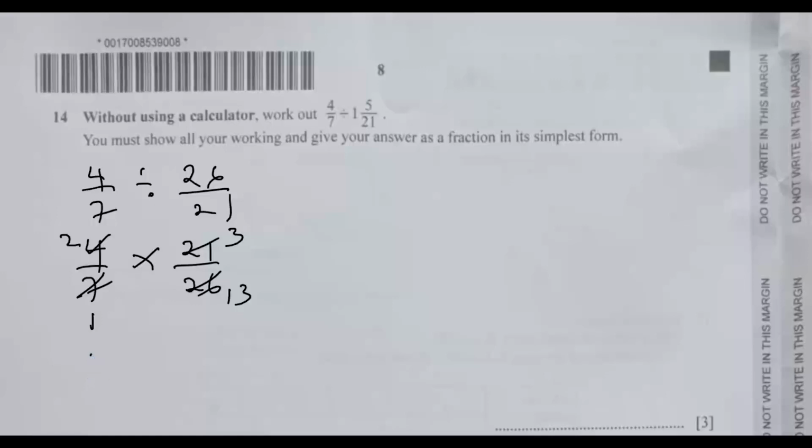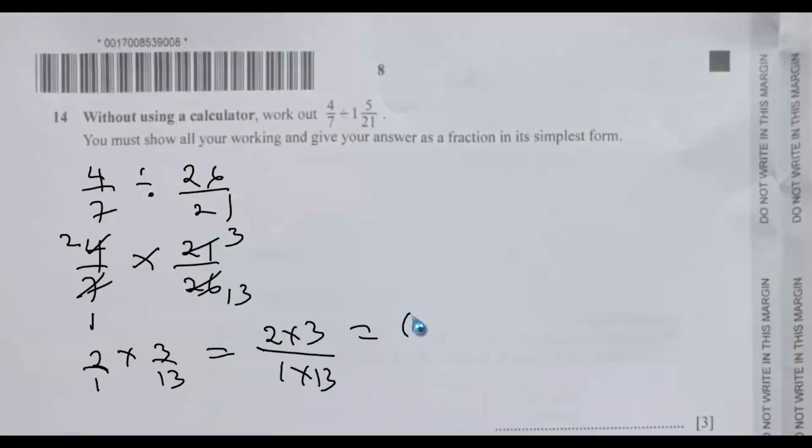So we are left with 2 out of 1, then times 3 out of 13. Which is the same thing as 2 by 3 out of 1 by 13, and that is 6 out of 13. So the answer here is 6 out of 13.